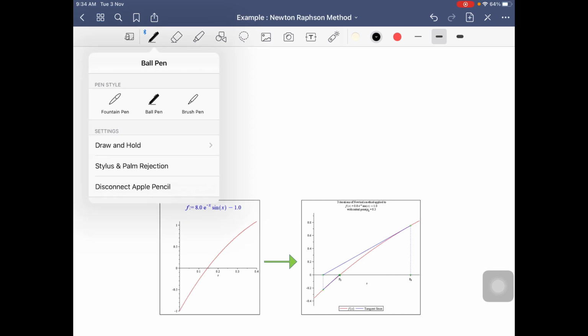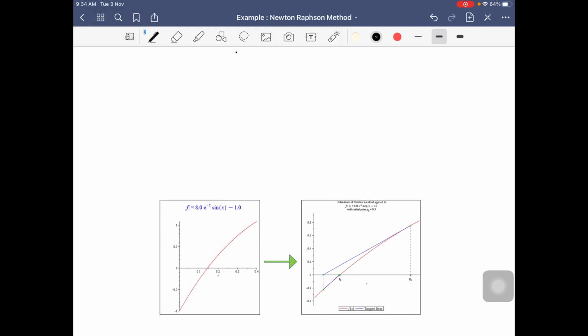But since this is the first example, I want to show you the step-by-step calculation. So if we summarize in a table, this is our solution actually.